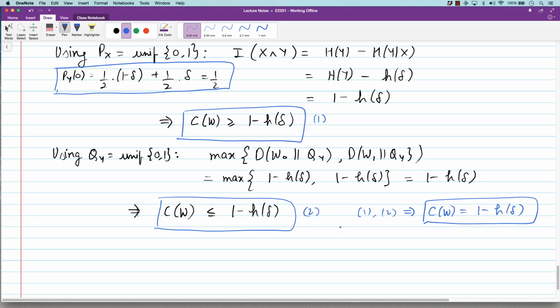So if you want to draw it as a function of delta, we know this, right? At delta equal to 0, this is 1, and at delta equal to half, this is 0. Okay, we just need to consider delta up to half. After half, you can essentially flip 0 and 1 at the receiver.